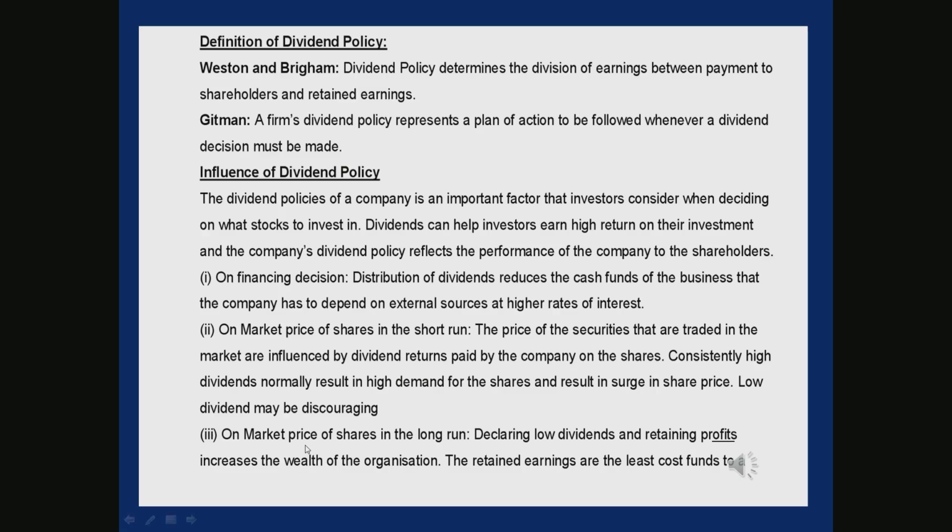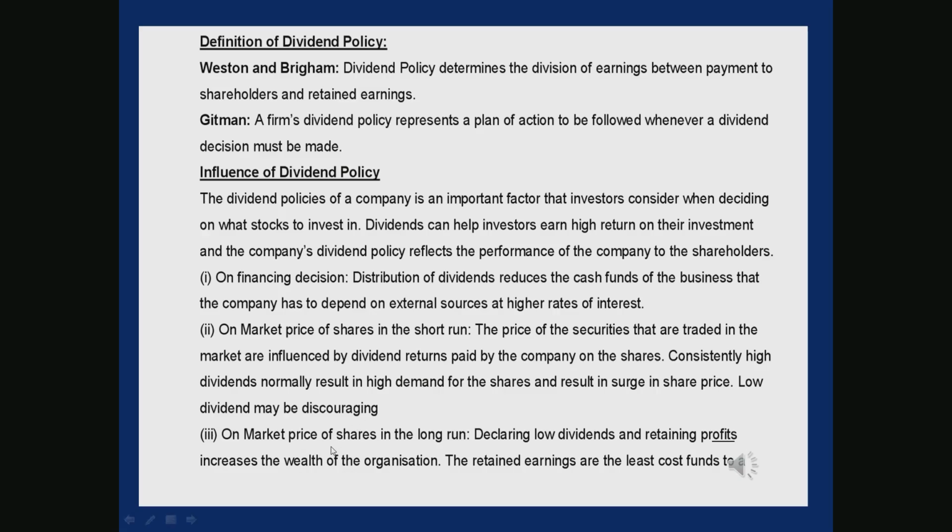Market price of shares in the long run. Some companies do not pay high dividends in the short run, but they retain their profits and therefore their reserves and surplus become very high, which means the retained earnings per share of these companies are very high.